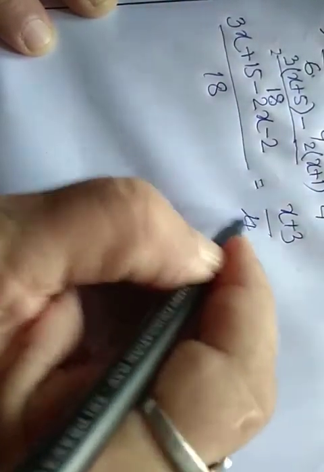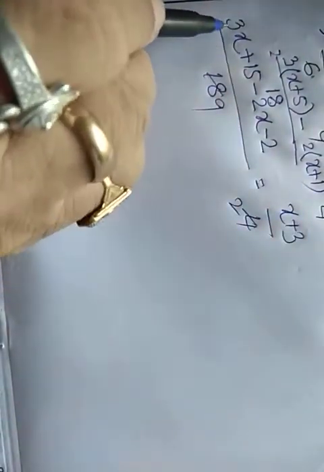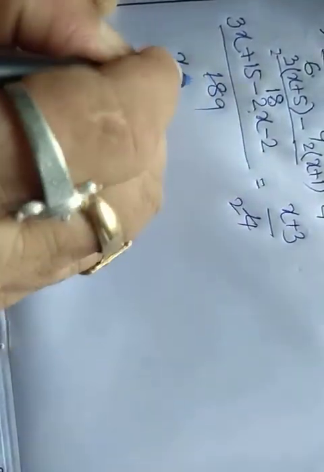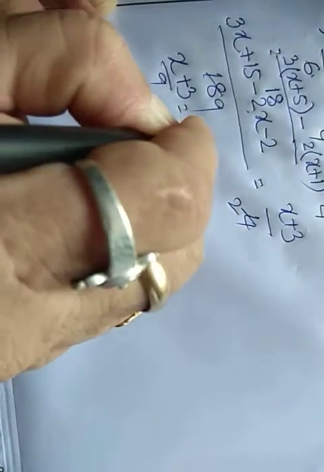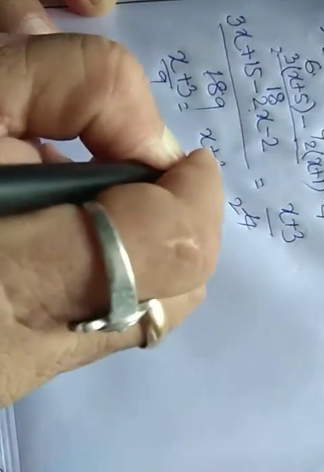So this 2 and 2, and 2 nines are 18. 3x minus 2x is x, 15 minus 2 is 13, so 13 by 9 is equal to (x+3)/2.